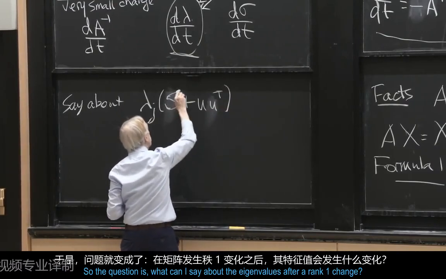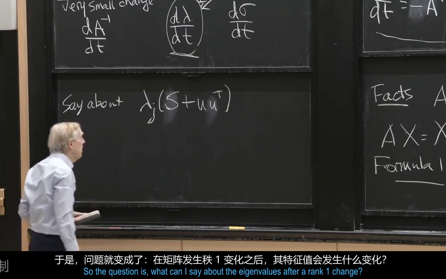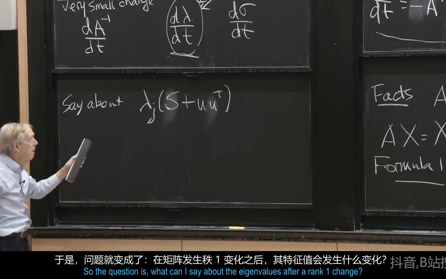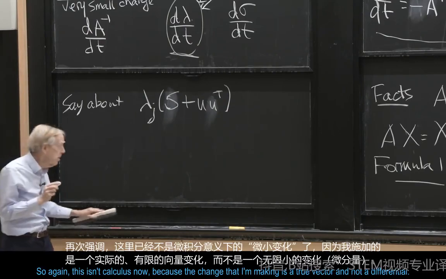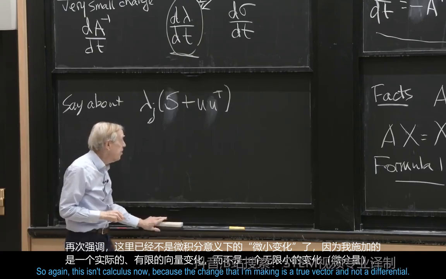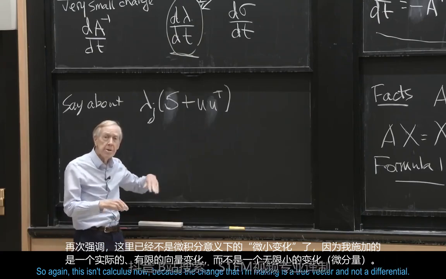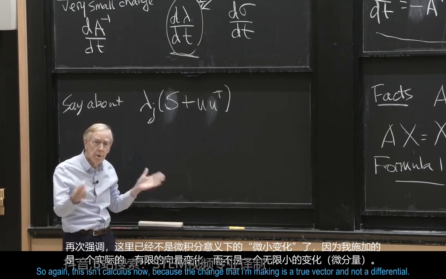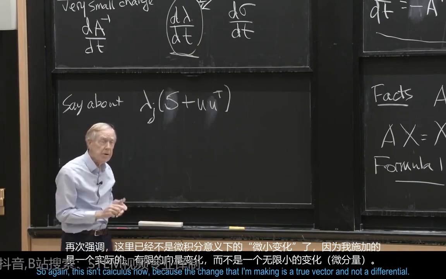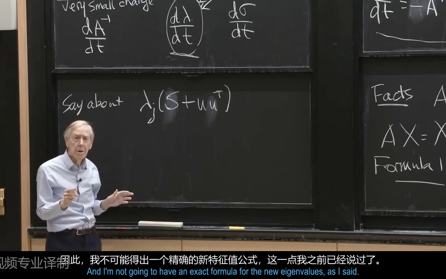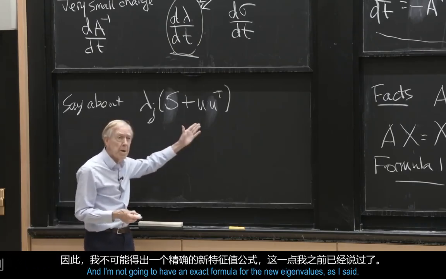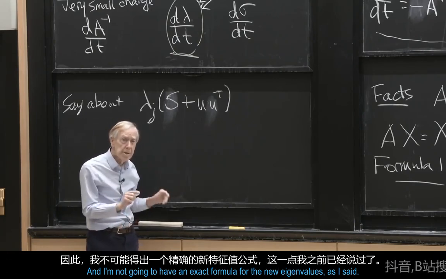So the question is, what can I say about the eigenvalues after a rank 1 change? So again, this isn't calculus now because the change that I'm making is a true vector and not a differential. Okay. And I'm not going to have an exact formula for the new eigenvalues, as I said.